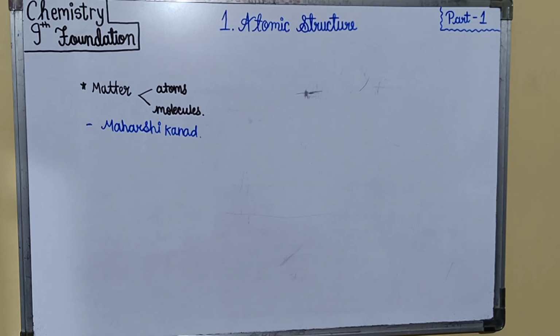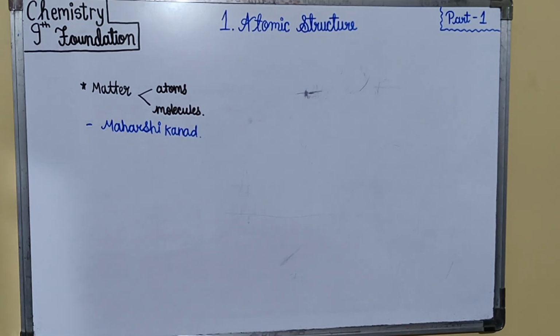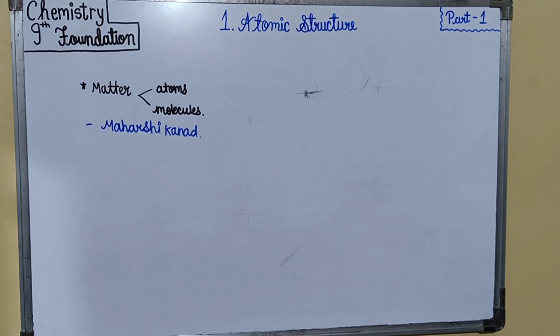Kanad was an Indian scientist and philosopher. Maharishi Kanad was the first to propose that matter is made up of tiny particles called Paramanu.